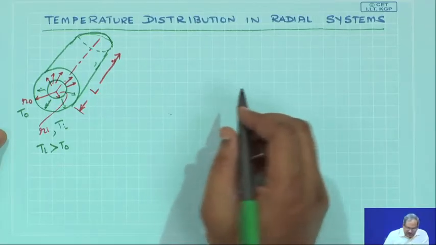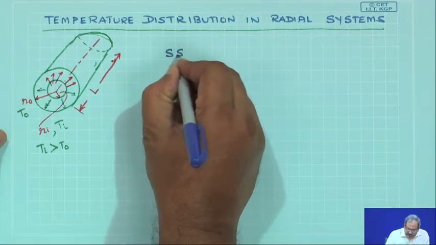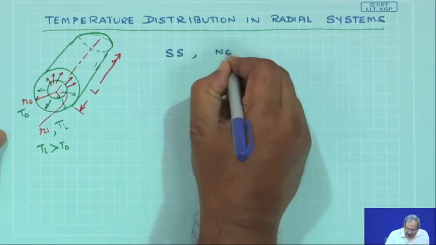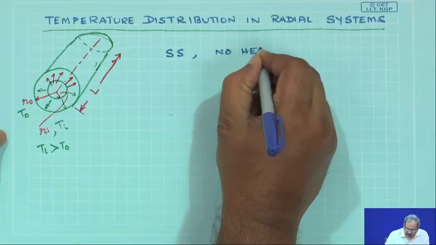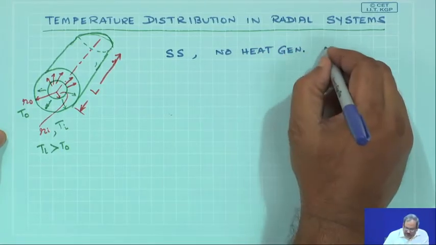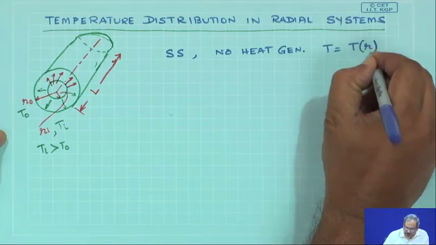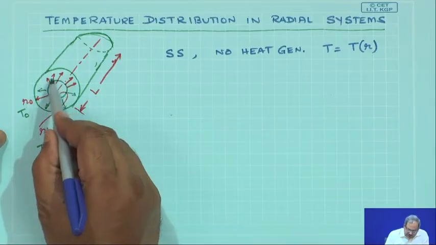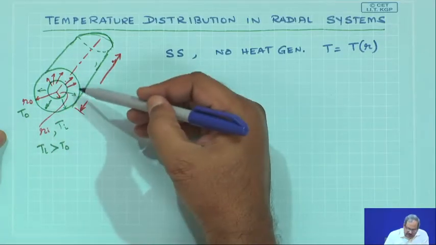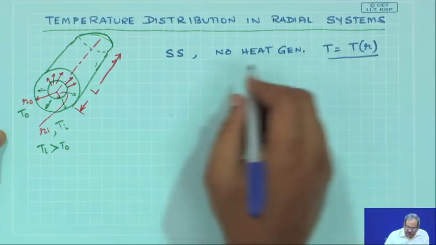For this case, for steady state with no heat generation, T, as you can see, is going to be a function of r only. It is definitely not a function of theta and it is not a function of z. So, T is a function of r only.